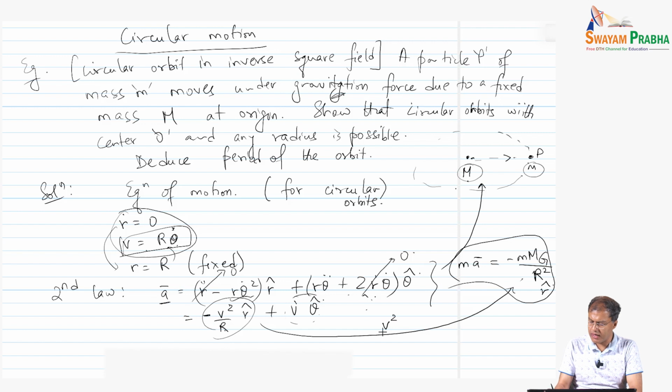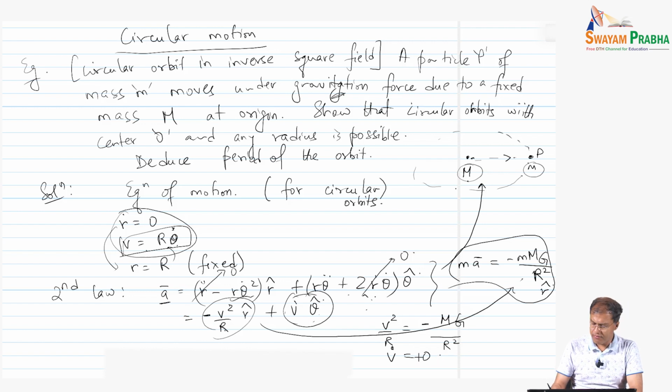V square by r is minus capital M G by r square, and V dot is 0, since there is no tangential component in the force. So V is also fixed.